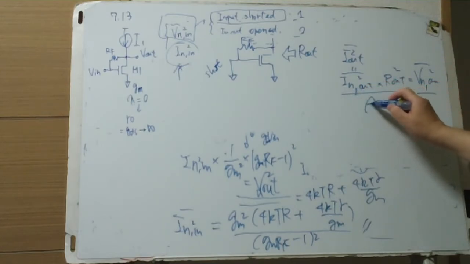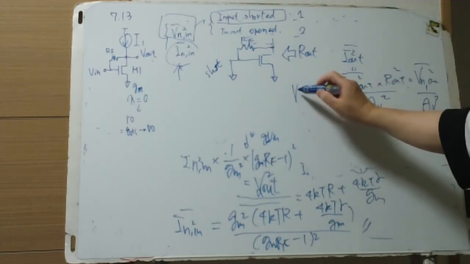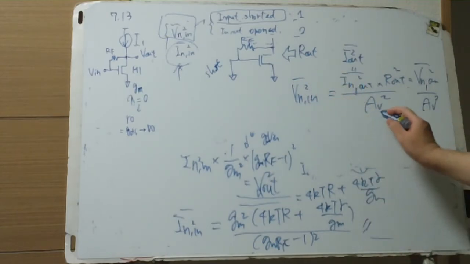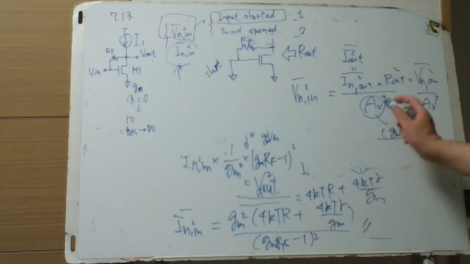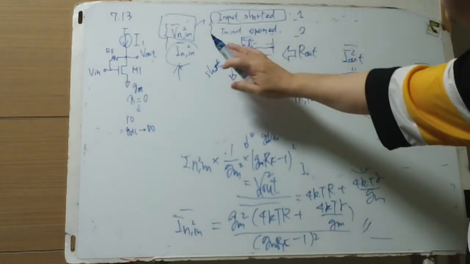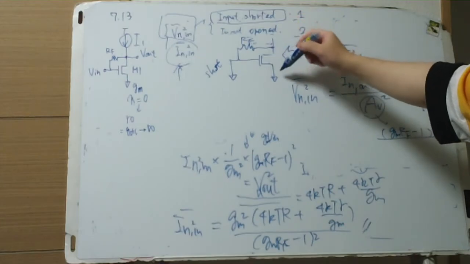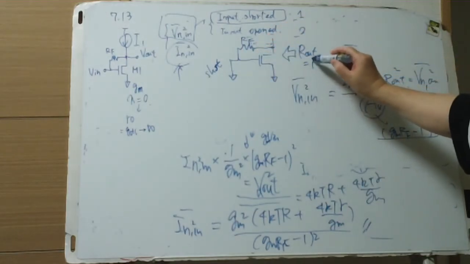This divided by AV squared is actually the Vn in squared bar. The AV here equals GMRF minus 1, already checked. And R out, with the input shorted so there is no current, lambda equals 0, is just RF.